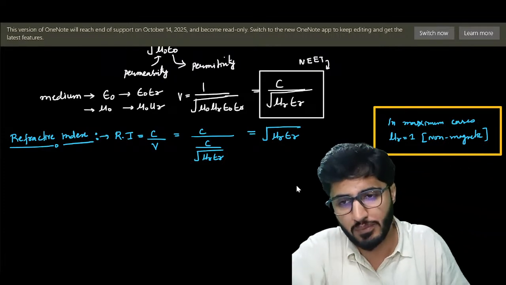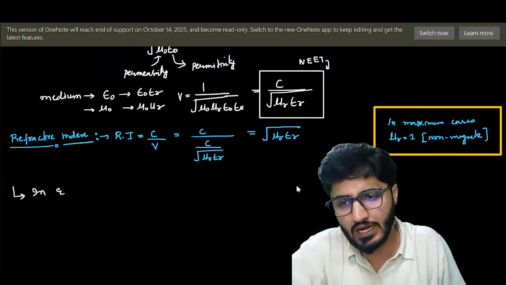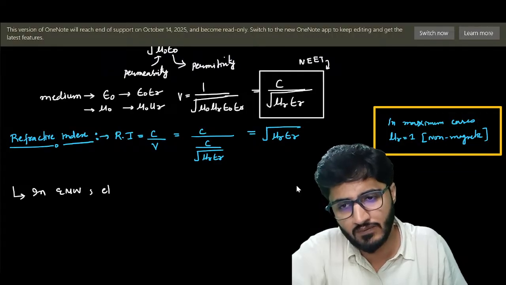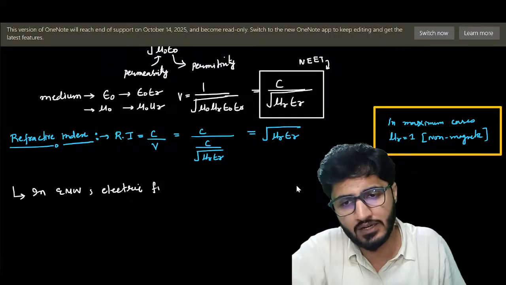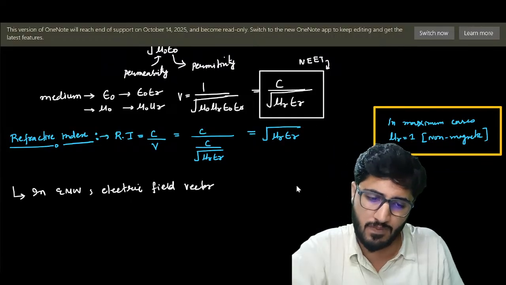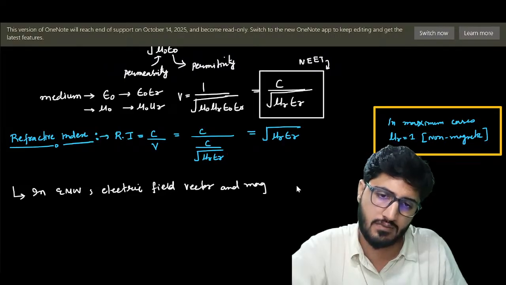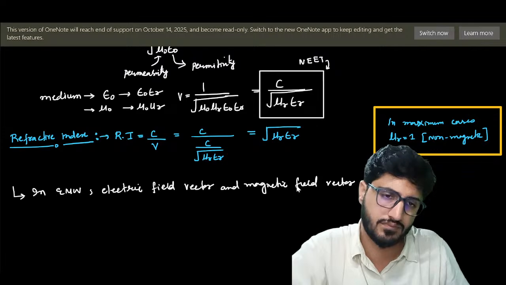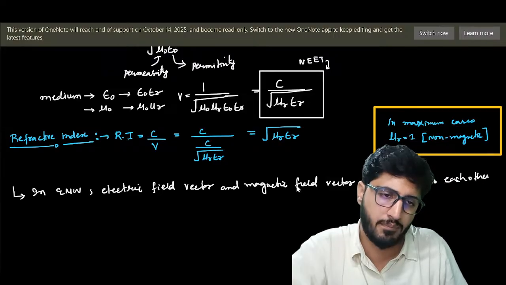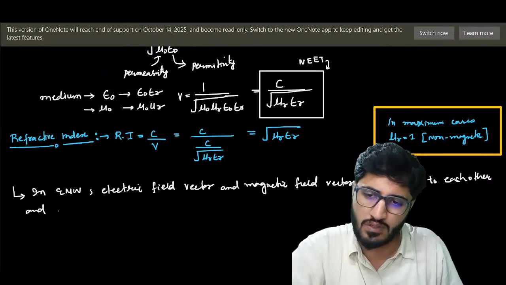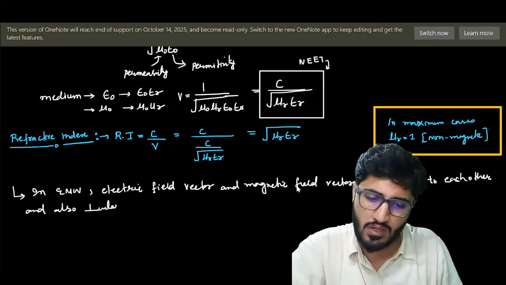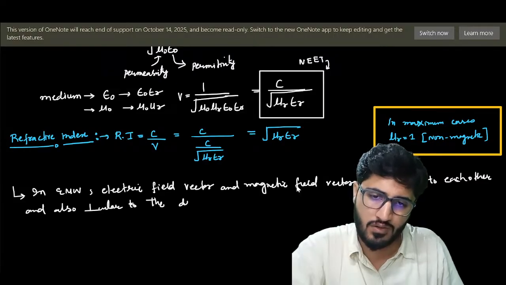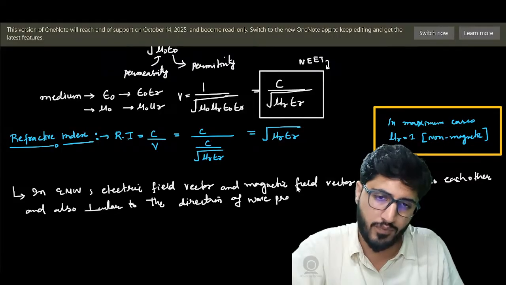One more property: in electromagnetic waves, electric field vector and magnetic field vector are perpendicular to each other, and also perpendicular to the direction of wave propagation.